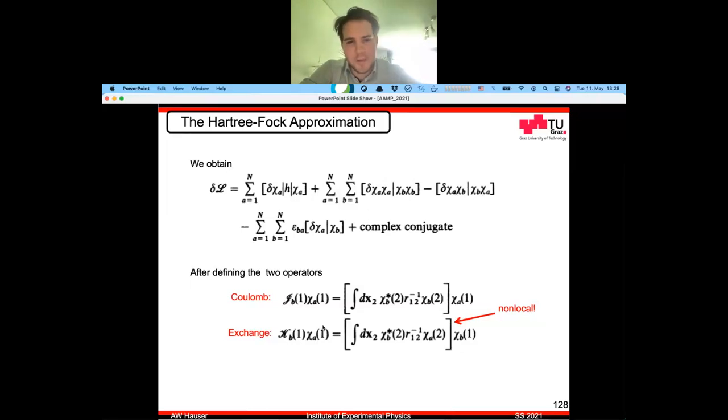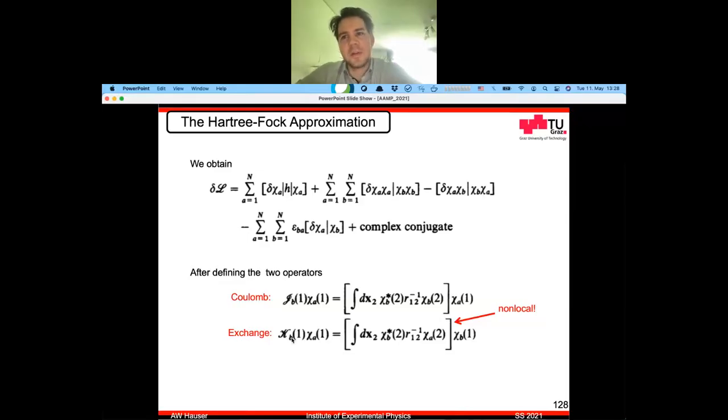So now if it's acting on orbital A, and this is electron 1, it is not just executing this integral of B 1 over r with B. No, it also exchanges the positions, and therefore the orbital A on which this operator is acting is pulled into the integral. Okay, so it does the permutation and then the integration. So this is what we call the exchange operator.